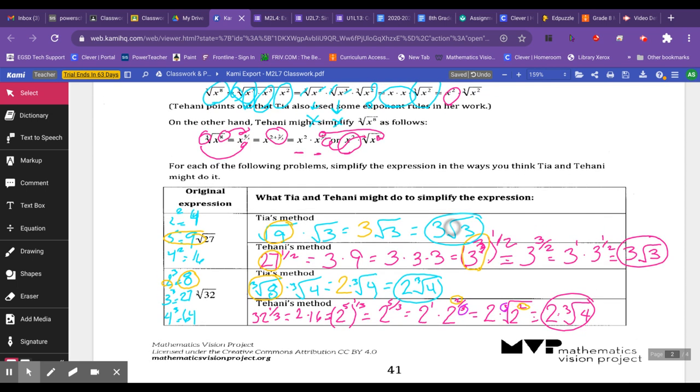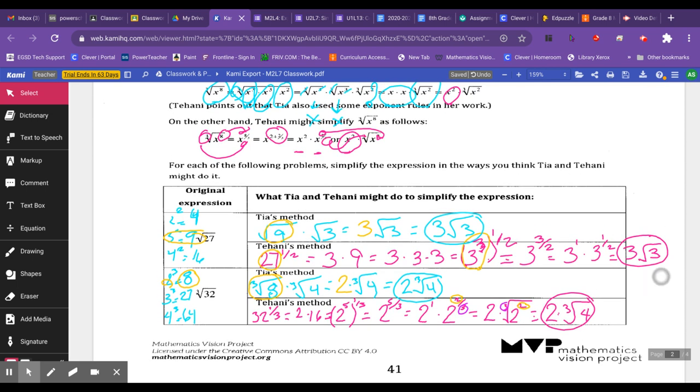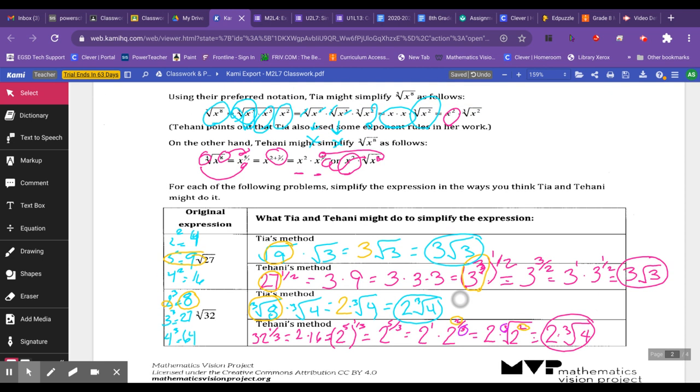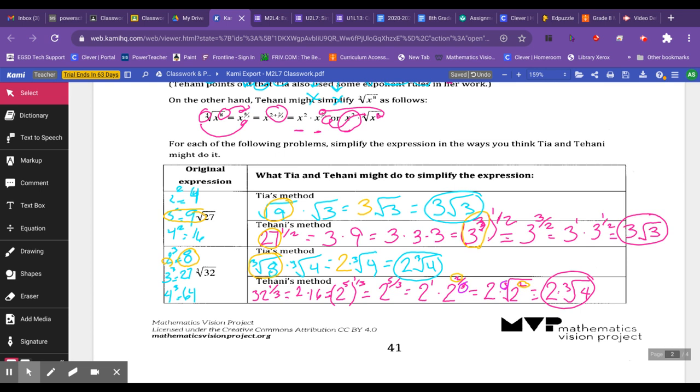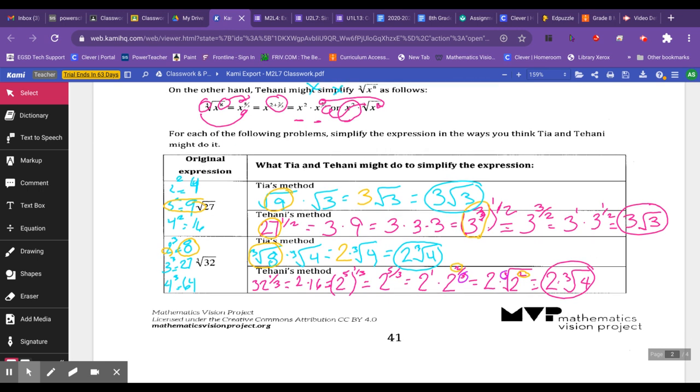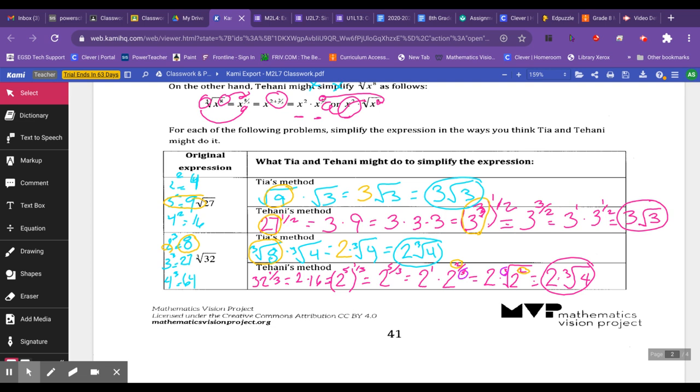Both answers should match. So when I looked at this one and saw it was a cubed root of 2 squared, I realized I had to take this 2 squared and simplify it to a 4. And so that would be the simplest form then.